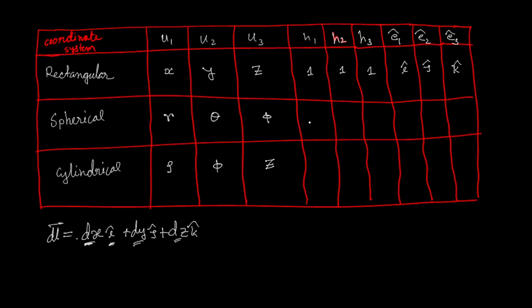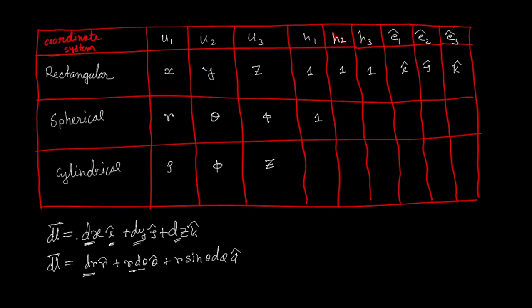Then in spherical polar coordinate system, again let me write the elementary length here. We have written dr r cap, and then r d theta, theta cap, plus r sine theta d phi, phi cap. So if we consider elementary length along r cap, that is dr, so what will be the coefficient of dr? 1.